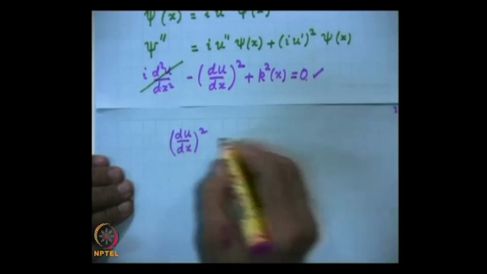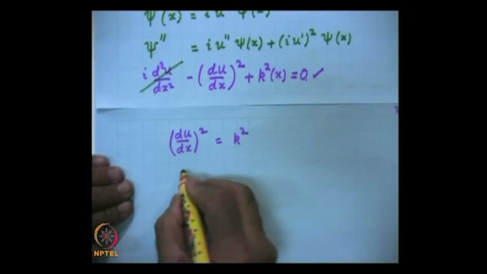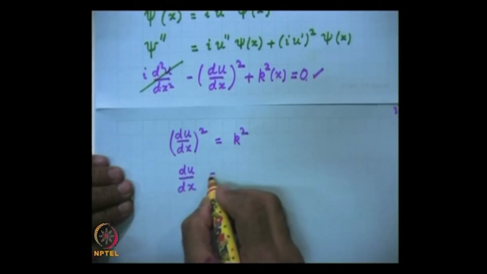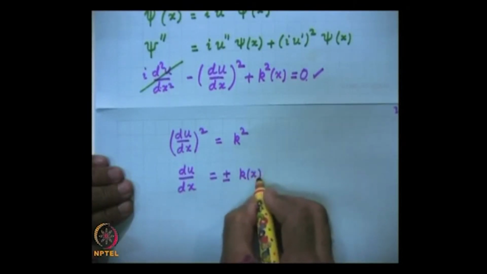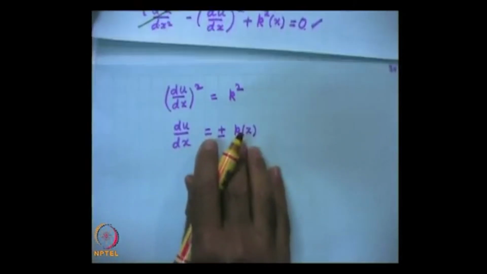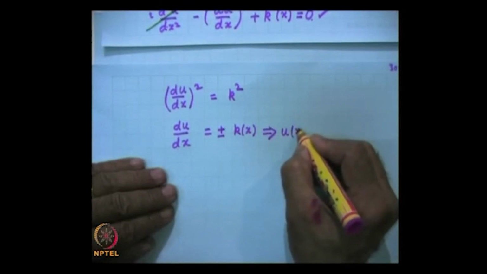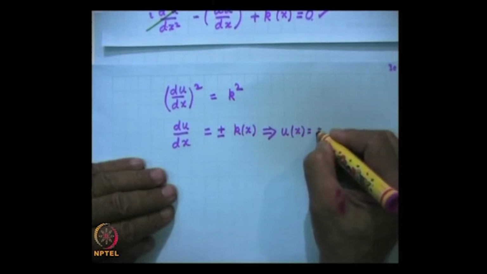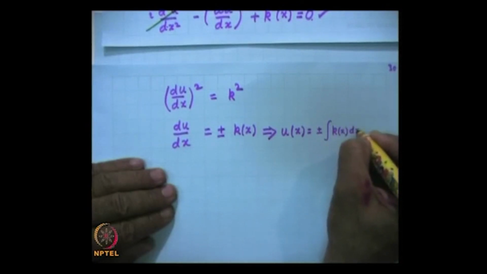If I take k square outside and the minus sign, so this is k square, or du by dx is equal to plus minus k of x, and therefore I can integrate this and I obtain u of x is equal to plus minus integral k of x dx.